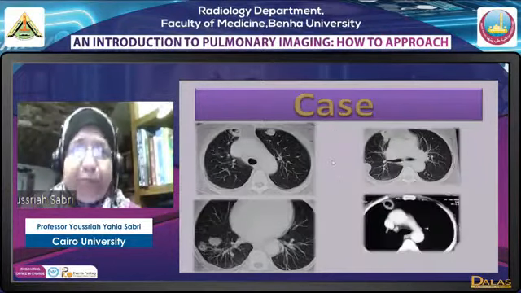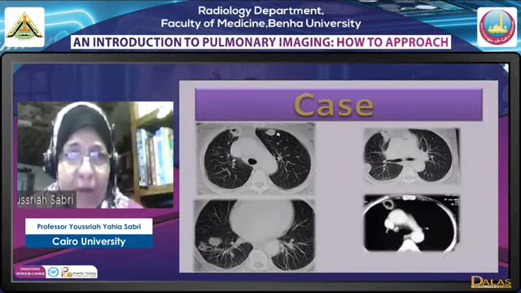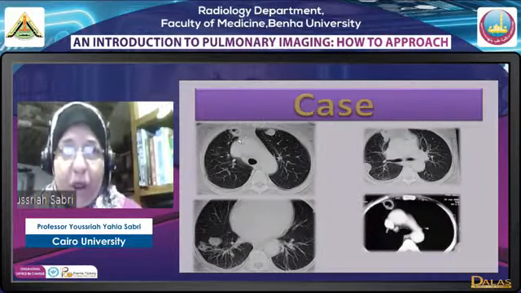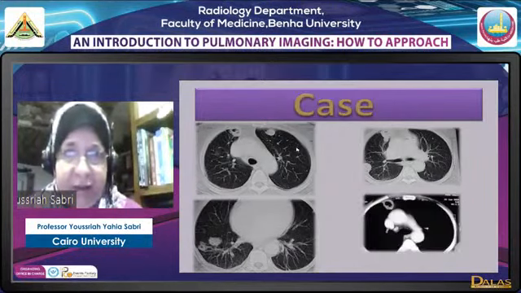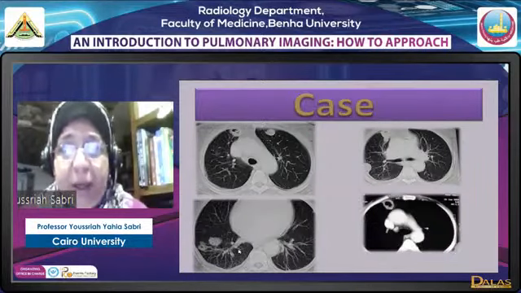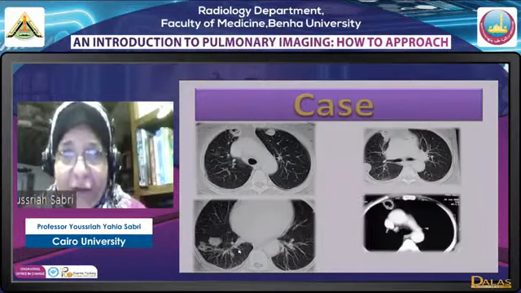Now here, we have another thing. We have well-defined lesions, but some of them show cavitation, another change in morphology. When we have well-defined lesions, again, we have to consider the possibility of metastasis. Adding to it the cavitation of some lesions, we will have a differential diagnosis considering the possibility of inflammatory or infectious lesions.